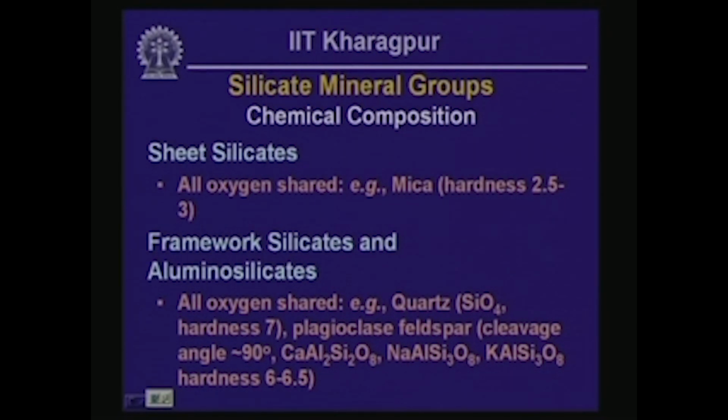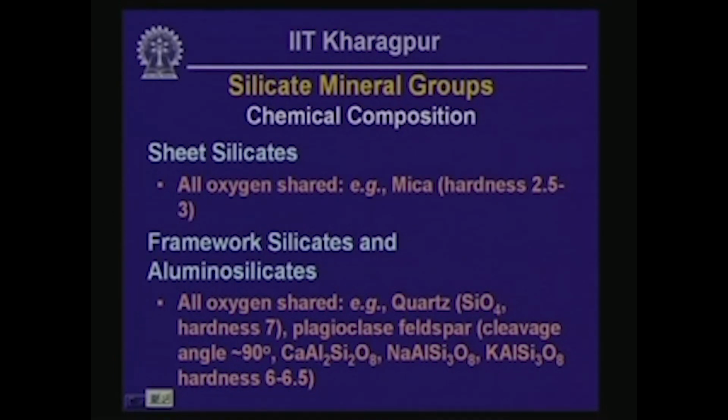A very obvious example of a sheet silicate is mica, and mica has a hardness of 2.5 to 3. Finally we move to the framework silicates and aluminosilicates, and in this case again all oxygen ions are shared.